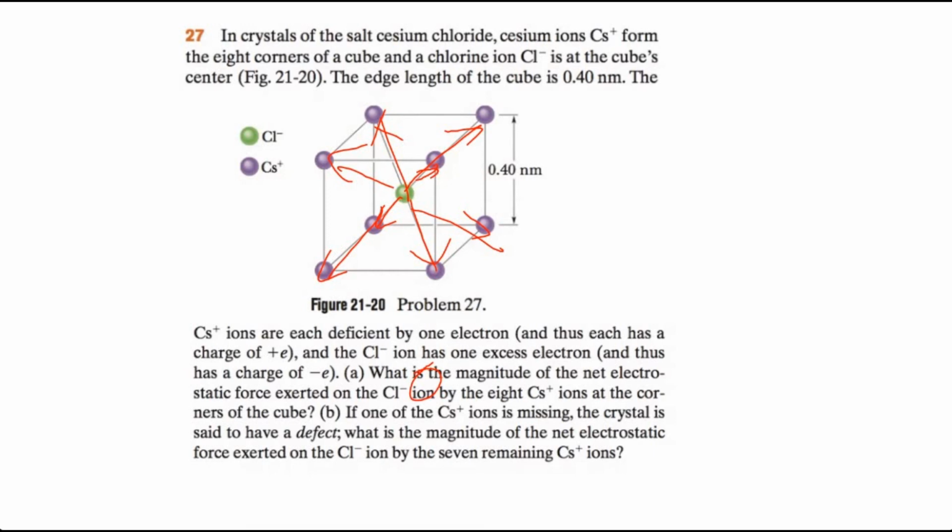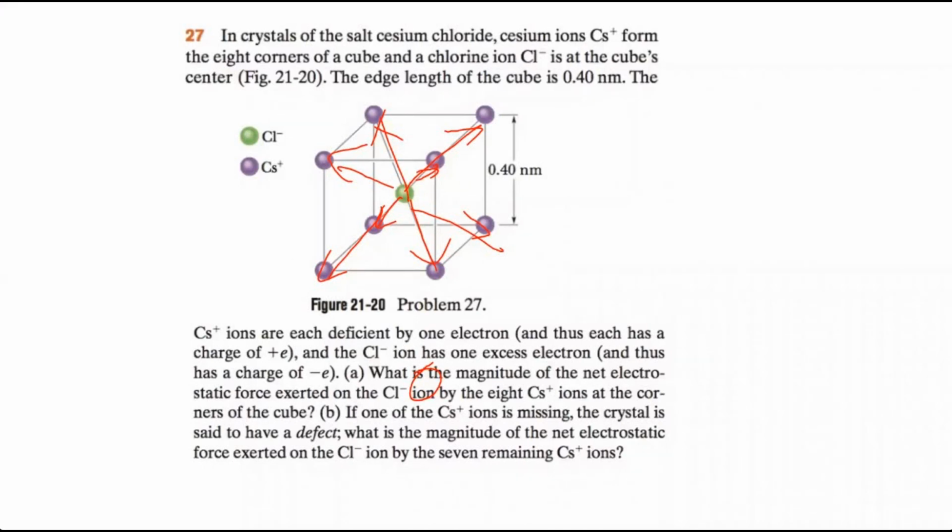That's very common. So what is the magnitude of the net electrostatic force exerted on the chlorine ion by the 7 remaining cesium ions? How to do that? One traditional way is to calculate the force from each of the 7 ions and add them together by vector addition.